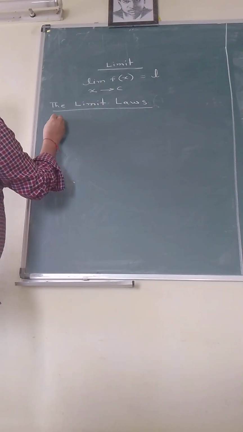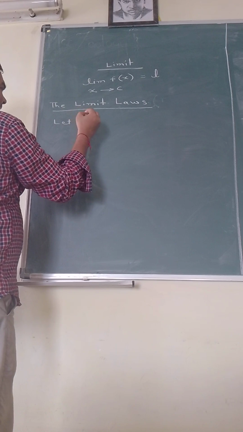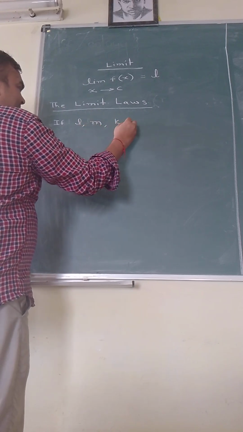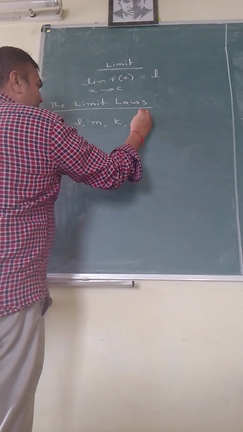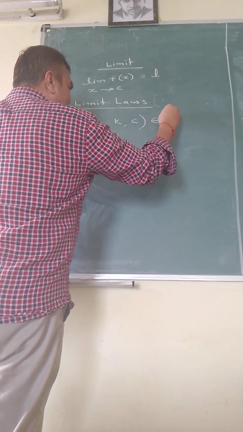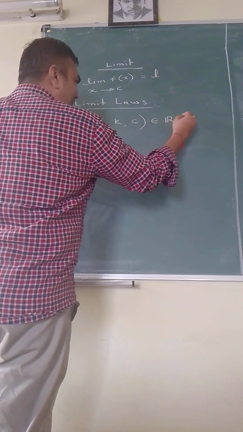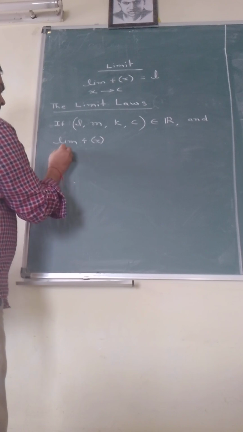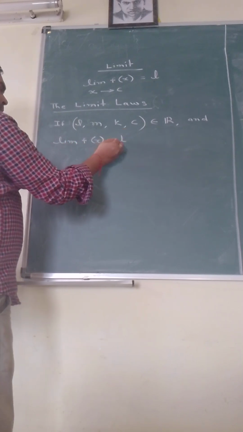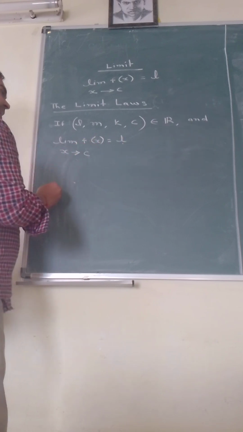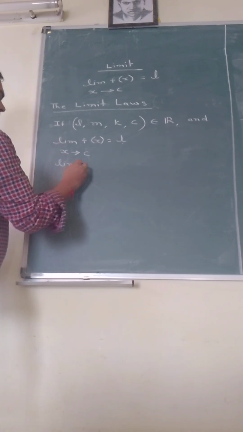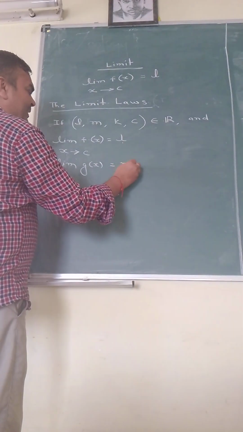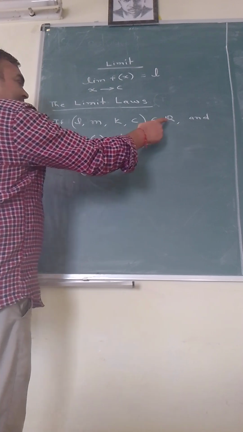Let L, M, K, and C all belong to the set of real numbers, and the limit of f(x), a real valued function, approaches L as x approaches C, and the limit of g(x), another real valued function, approaches M. Both L and M are real numbers.